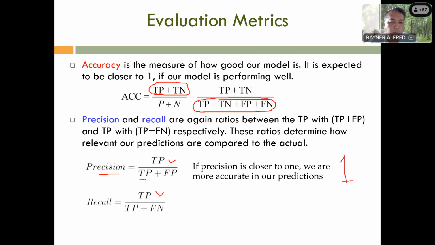So this is basically the true positive and false positive. How many of these true positives belong to the actual data that we have?